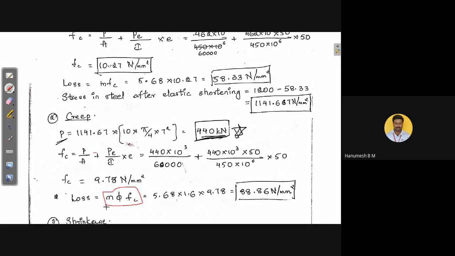This is the formula. Then what do you mean by m? M is the modular ratio, which is equal to Young's modulus of steel divided by Young's modulus of the concrete. That is m. We have already calculated, it is 5.68. Phi, creep coefficient. Creep coefficient is given in the data.